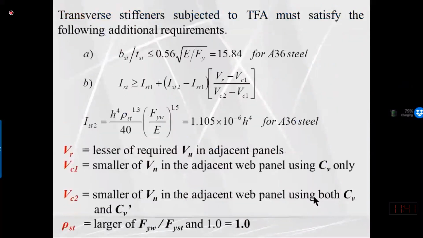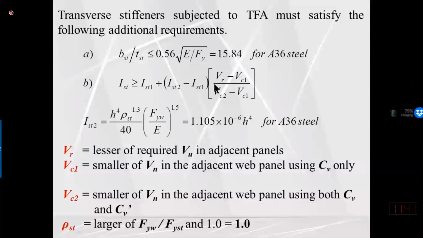After that, we have another check. We have an additional check for the moment of inertia. So the total moment of inertia of the stiffener should be more than this parameter.